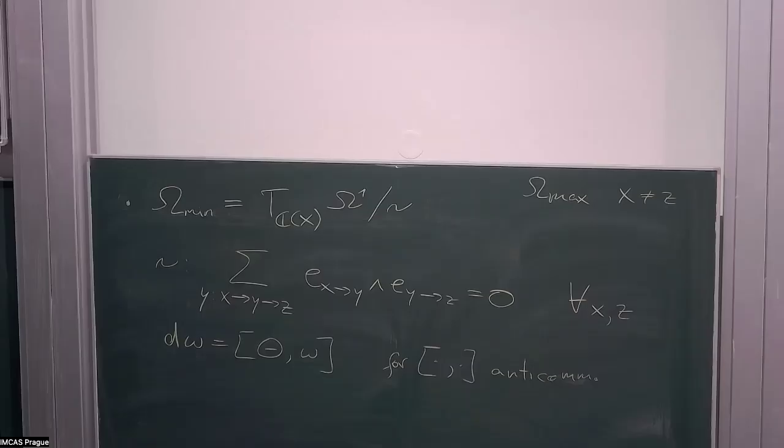Sorry, why is this minimal? Can't I take the zero prolongation, for example, of omega 1? I think they just take omega 1 and then omega 2 is 0, omega 3 is 0, and so on.